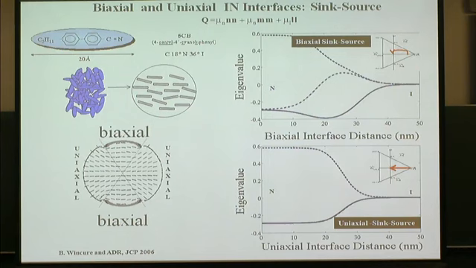So you go from a sink into a source, but you go through biaxial states. When you cross the interface in this direction, you go from a sink into a source, and it's always uniaxial. So you take this direct path that is totally uniaxial.